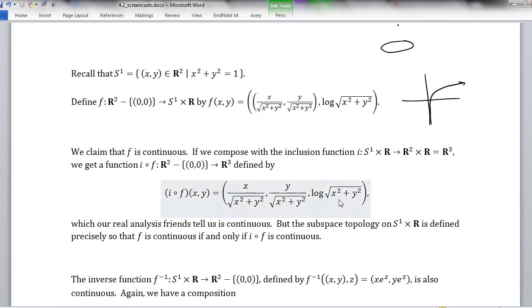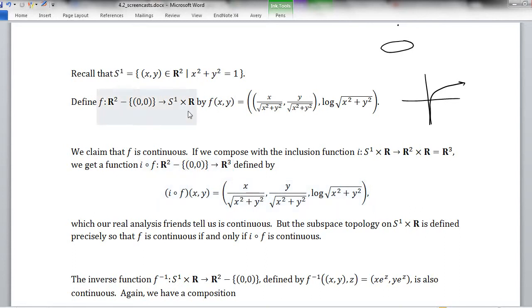It may be building up through composition or addition or multiplication or square root or logarithm or whatever from some simple continuous functions to get a more complicated continuous function. Okay, so we'll take the real analyst's word for it that this is continuous.